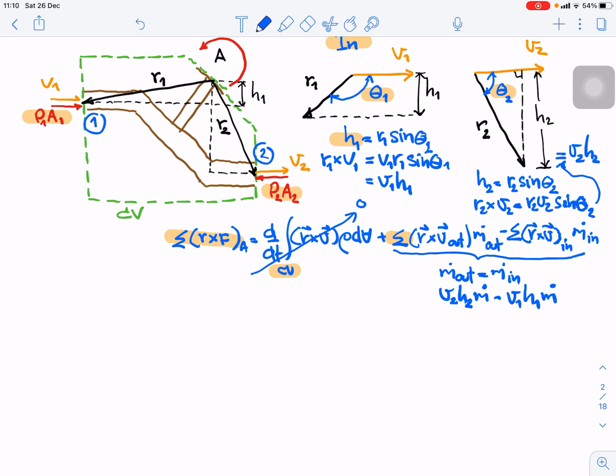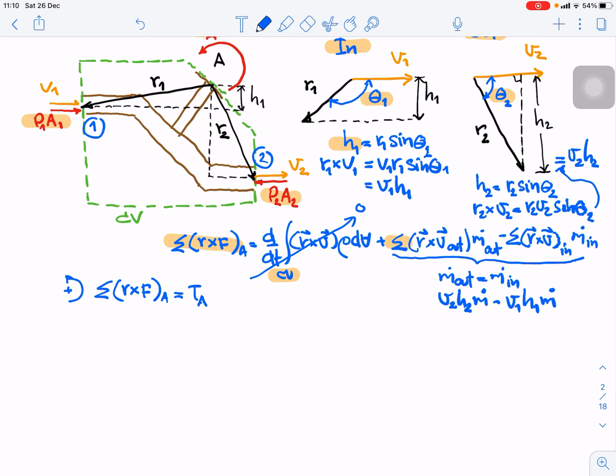Next we find the equation for the summation of R cross F around point A, if we assume that anticlockwise is positive. So how many forces do we have?